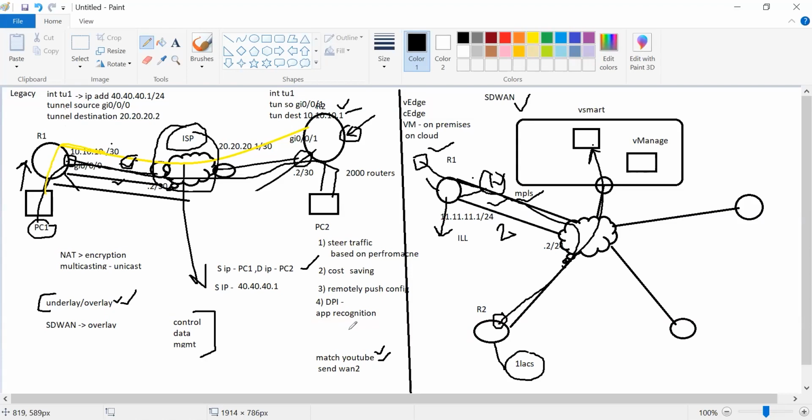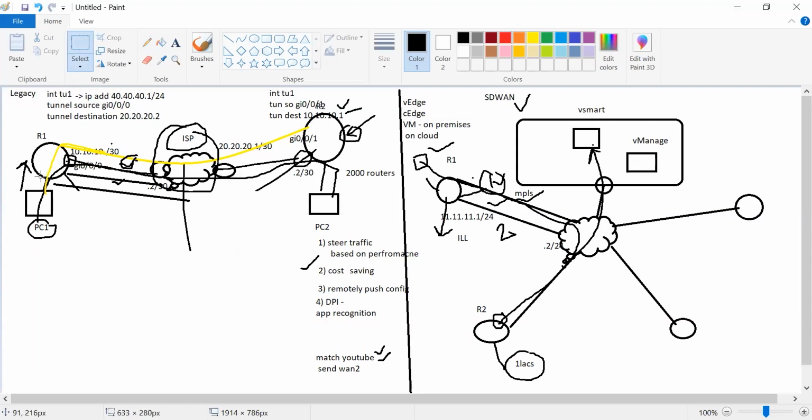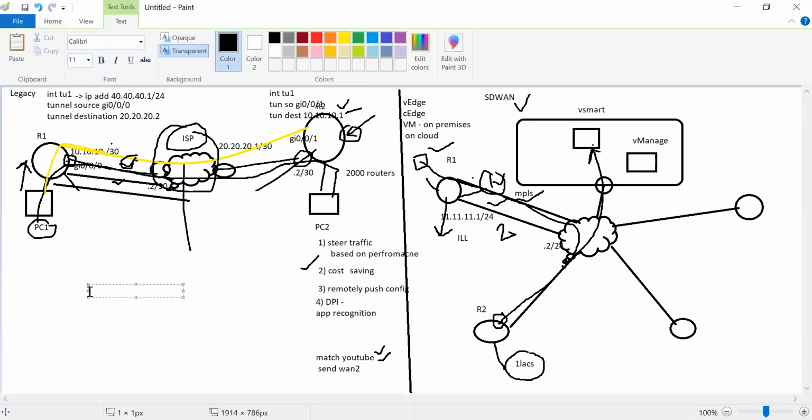So you can simply say match YouTube, because in traditional networking, if you want to steer the traffic for different applications, you cannot specify the application. You need to specify the IP address prefixes. If you specified, let's say, 50 subnets for Teams application, what happens if Microsoft adds 10 more subnets?